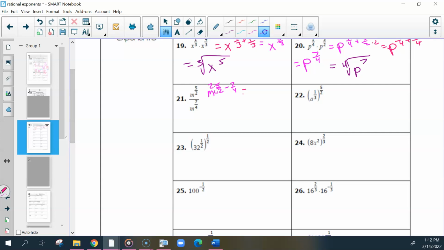So this would be m to the 10 over 4 minus 7 over 4, which would equal m to the 3 over 4. And then this in radical form would be the fourth root of m to the third.